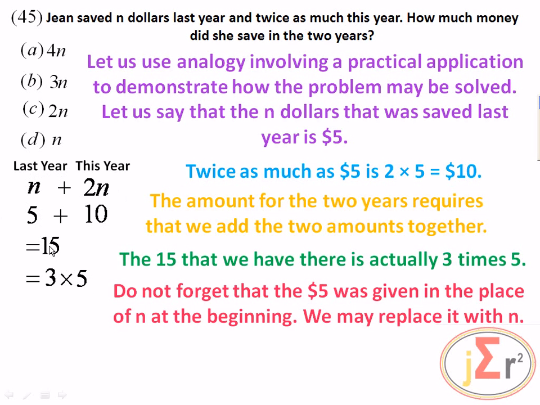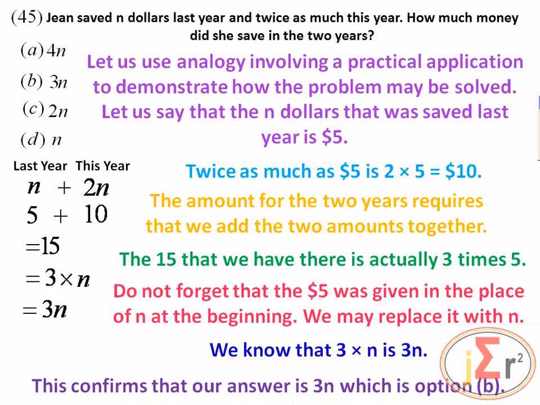We got $15. And that $15 represents 3 times 5. But do not forget that the 5 that we use is, as a matter of fact, the same as the n dollars that was saved. So we may replace that 5 with n. We know that 3 times n is 3n. This confirms that our answer is 3n, which is option B.